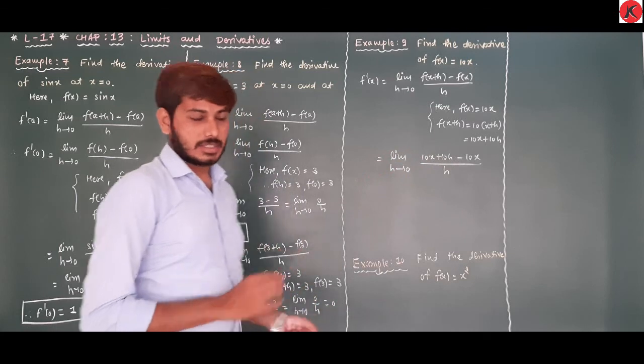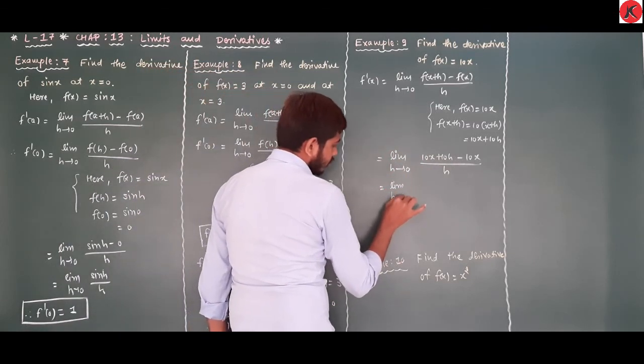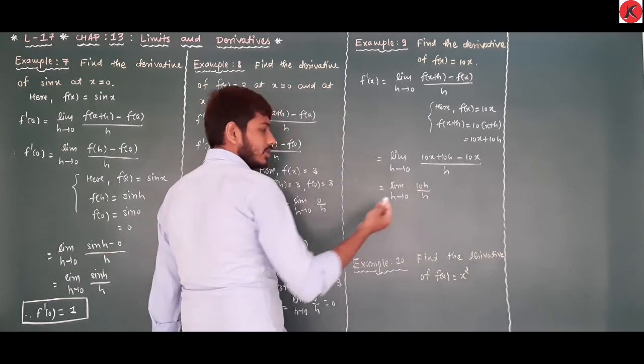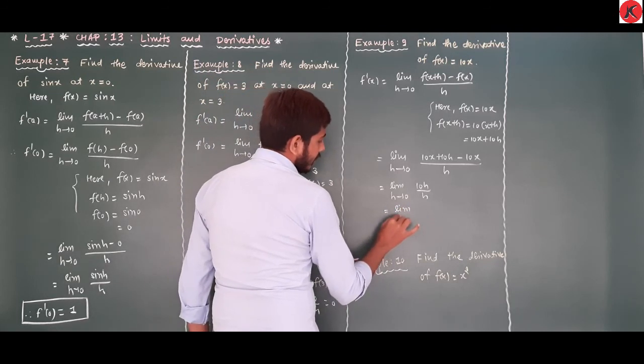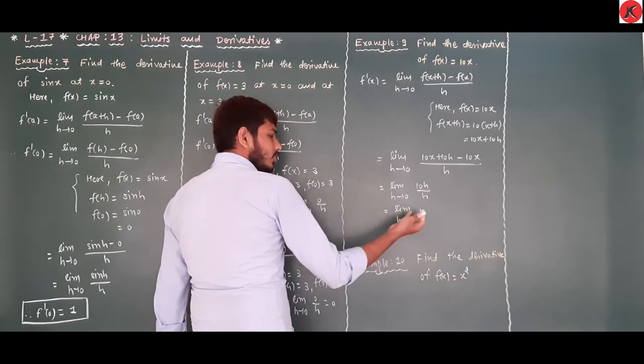That means we will get limit h tends to 0 10x plus 10h minus 10x divided by h. 10x will get cancelled. Remaining terms limit h tends to 0 10h divided by h, also get cancelled, and the remaining term is limit h tends to 0, 10. Now put the direct limit.